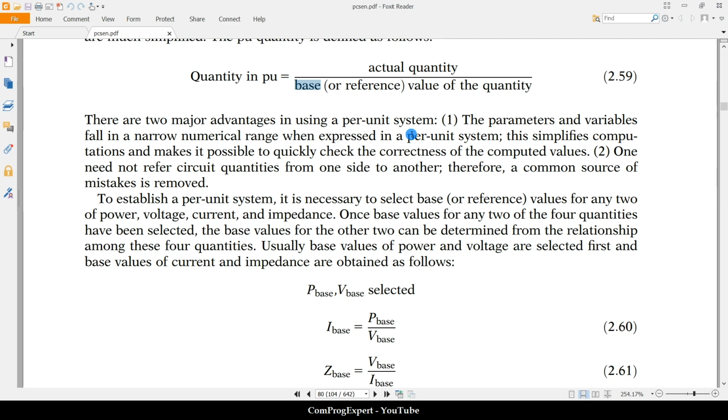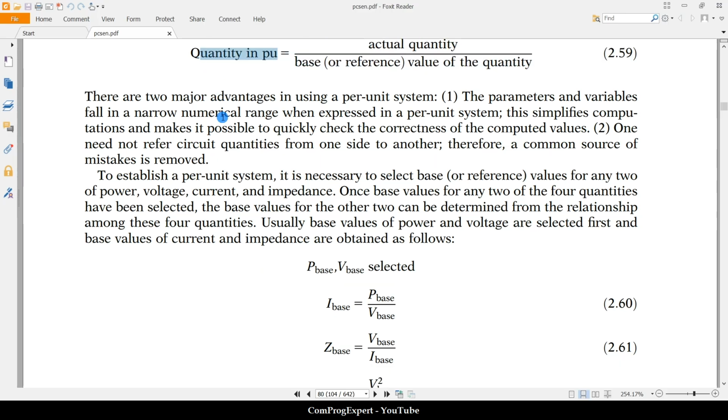According to this definition, a per unit variable is a unitless variable, because the base quantity must have the same unit as the actual quantity. So the per unit quantity is a unitless variable.